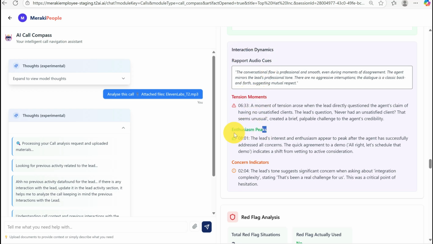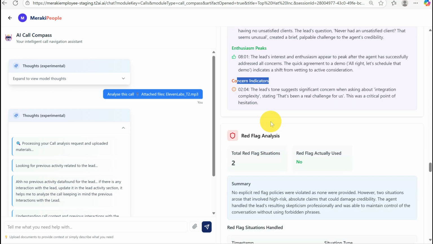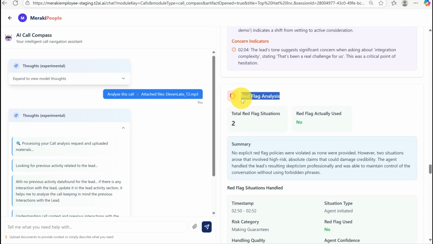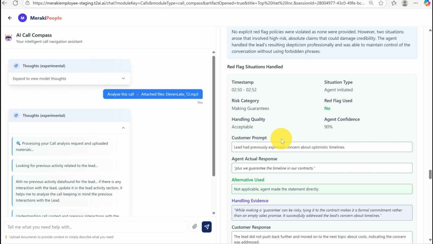Were there any enthusiasm peaks? And if there were any concern indicators, along with timestamps, those moments have been highlighted. At any point during the conversation, were there red flags hit? In this particular conversation, red flags were hit, but the rep actually handled the whole situation very professionally, and that has been called out in this report.